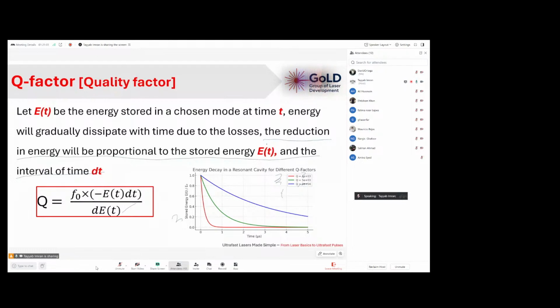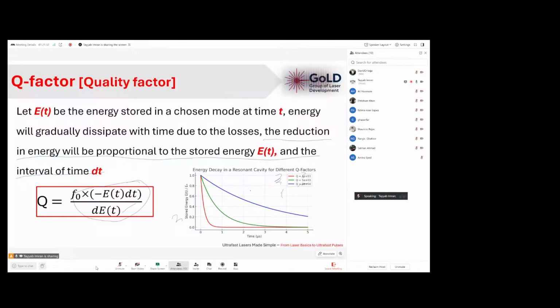There is energy stored in a mode, and when this energy is reduced, the amount reduced depends on how much energy is stored, with the passage of time. So it's a proportional kind of thing, and the interval of time is dt, a very, very short interval. So this equation is built like this, and the negative sign comes because it dissipates. It's reducing; these are losses. We are studying the losses.